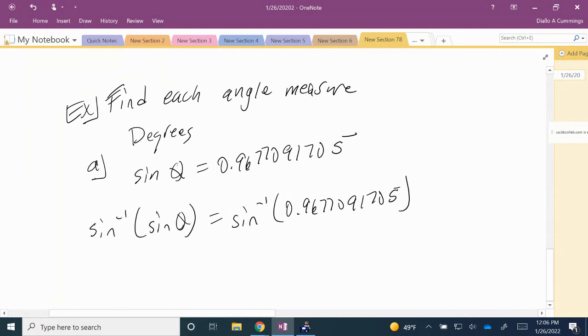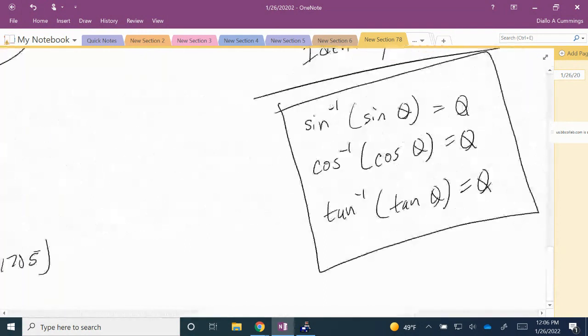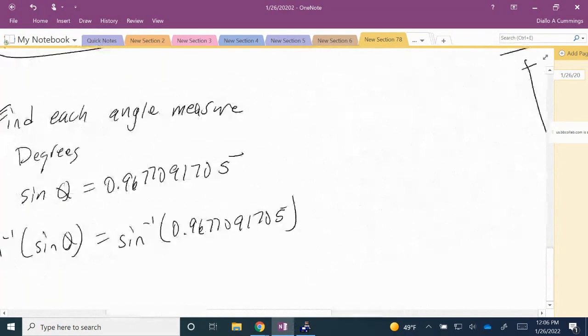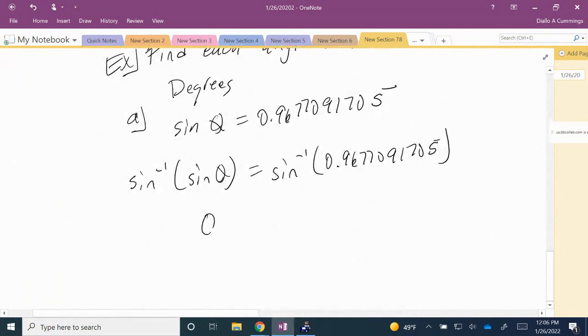On the left-hand side, that forms an identity: the arc sine of the sine of theta is simply theta. So the left-hand side reduces down to the unknown angle measure, which we're actually asked to find. So theta is equal to, and as far as my right-hand side, the only thing I can do here is evaluate it with the calculator.